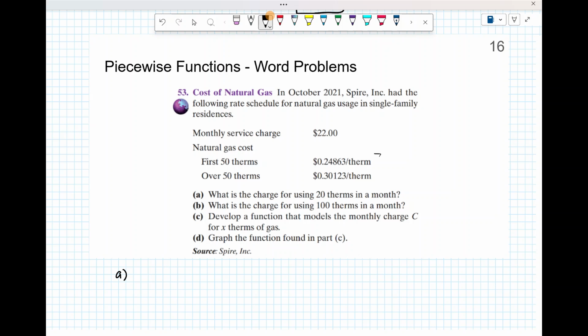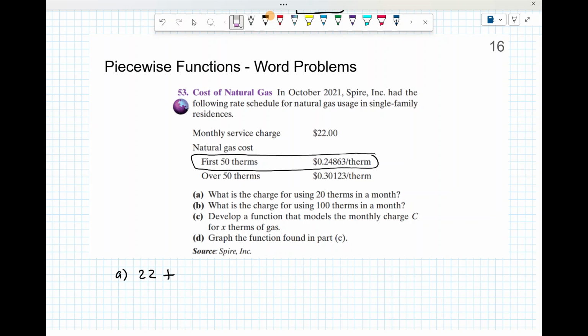Well, that would follow like this. First, you have your $22 that you get charged no matter what, plus for those first 20 therms, anything under 50, you only get charged basically 24 cents.